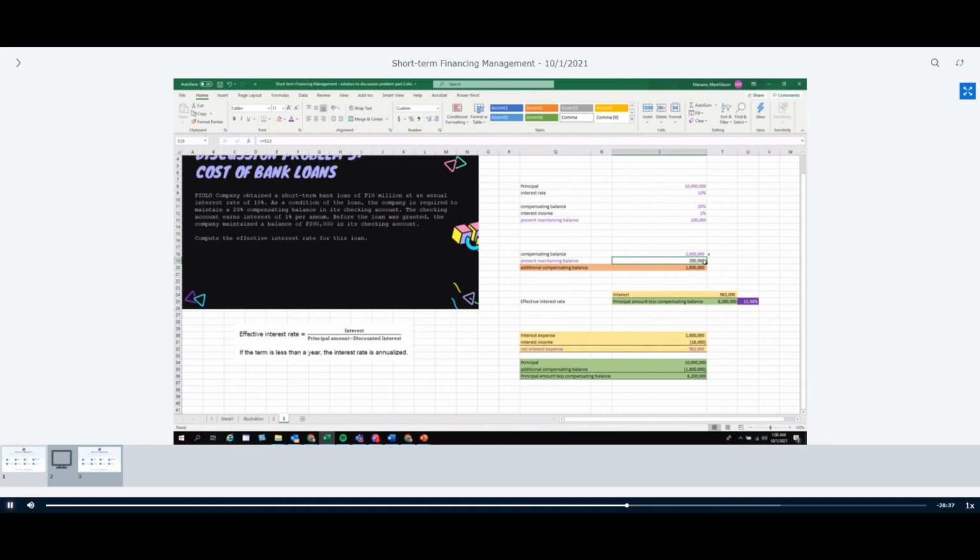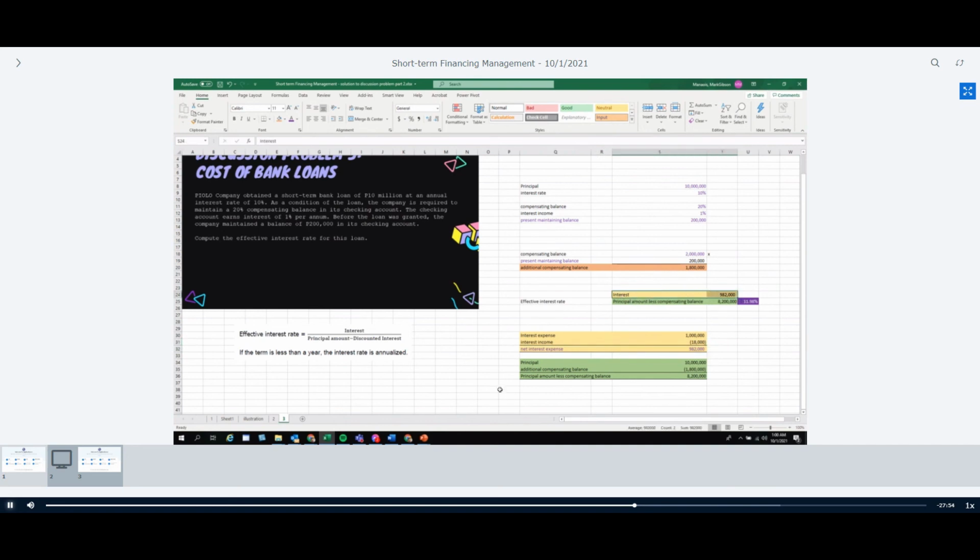Eh, syempre, dahil nga meron ka ng 200,000 existing in your bank account, so in order to satisfy the condition for the loan, you only have to have 1.8 million additional in your bank account as maintaining balance. Okay, so that's 1,800,000 multiplied by 1% interest income, or the interest of 1% per annum. So that's 18,000. Again, the reason why we're deducting it from the interest expense is to get the net interest expense. Okay, so okay na tayo dito sa 982,000.